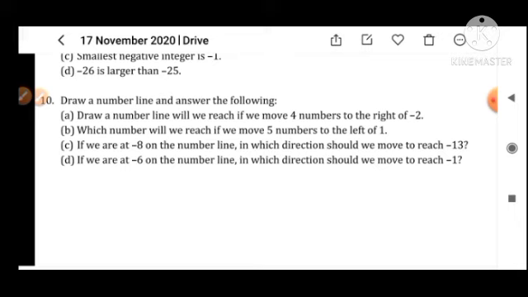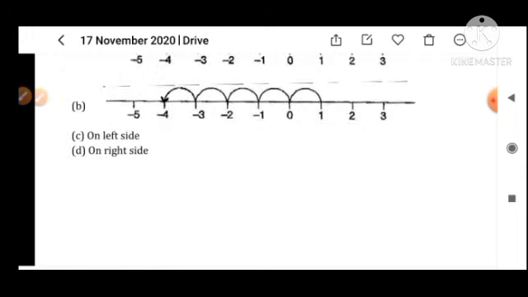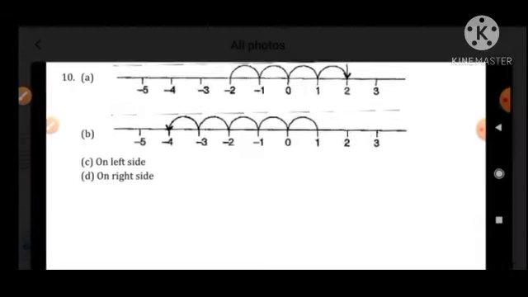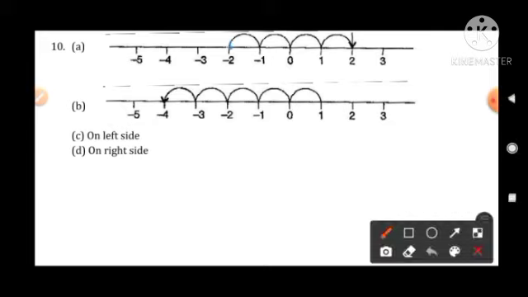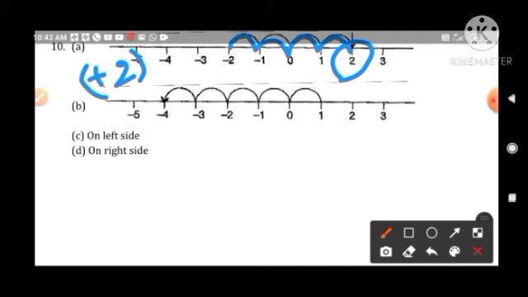From -2 we will move to the right side, 4 numbers. So let's see the answer. From -2 you have to move 4 steps, isn't it? If you move 1 step, 2, 3, 4, where do we reach? We have reached 2. So plus 2 is your answer.